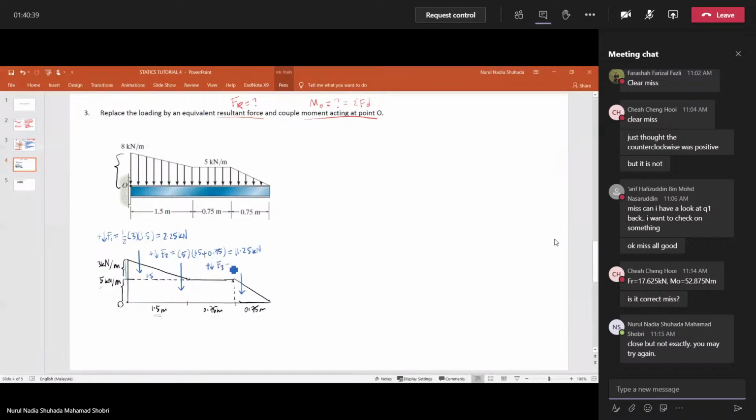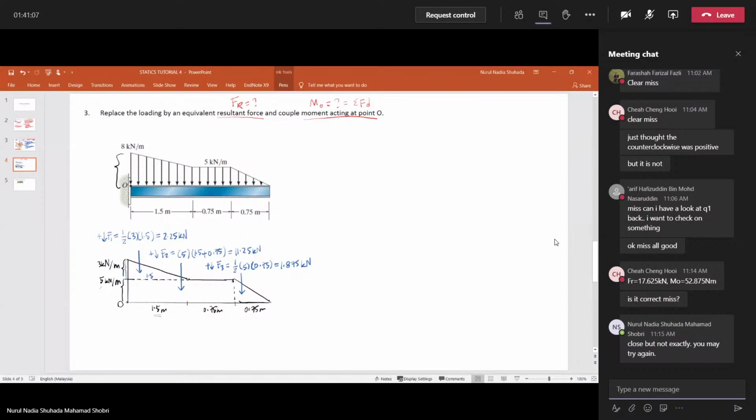The third force: 1/2 times 5 times 0.75, you guys will get 1.875 kilonewton. Okay. So now we already get individual forces for each area.